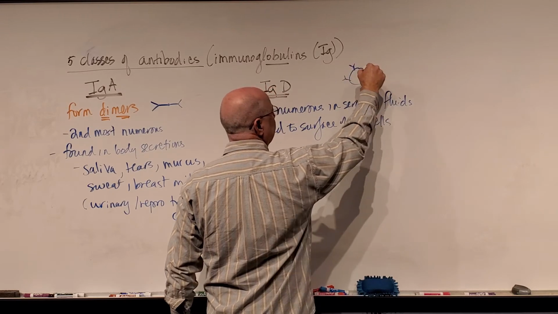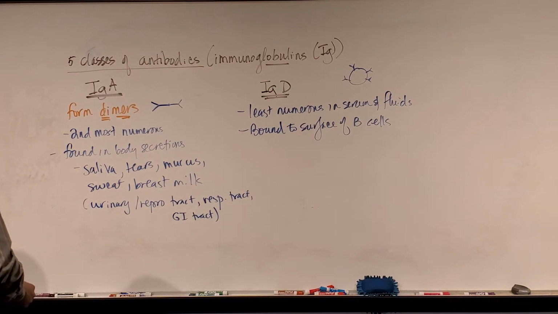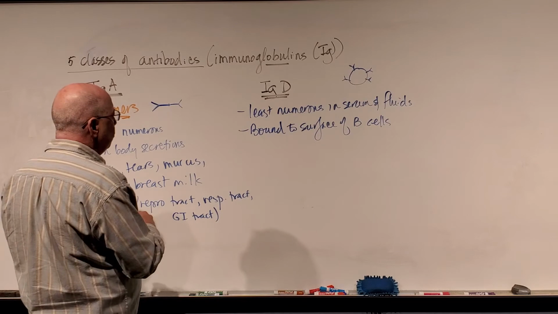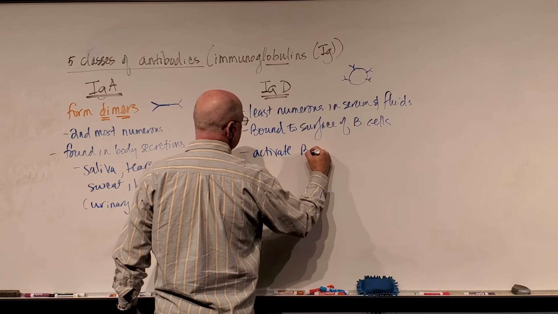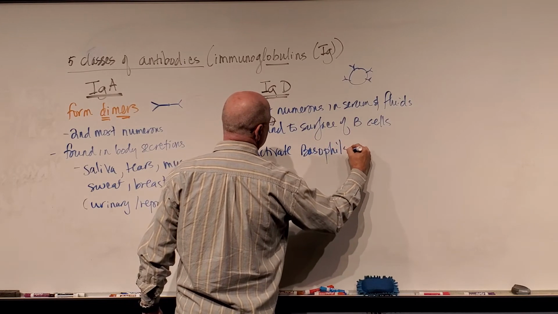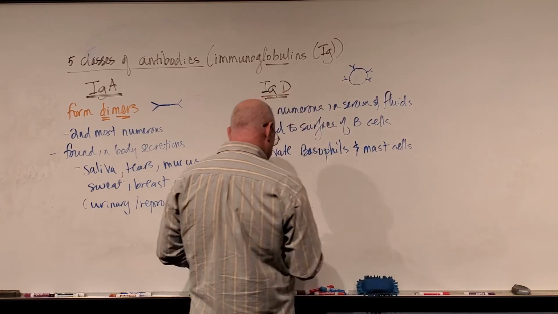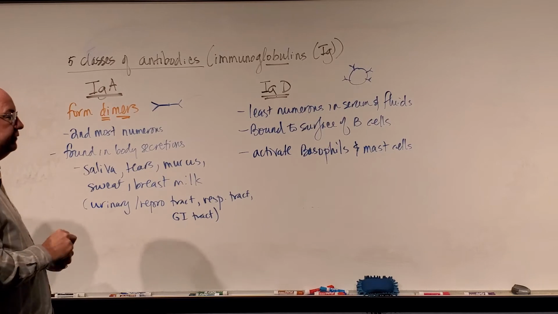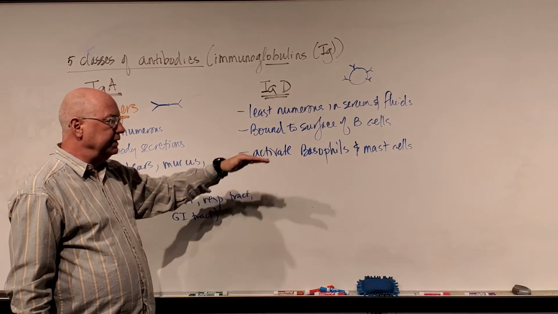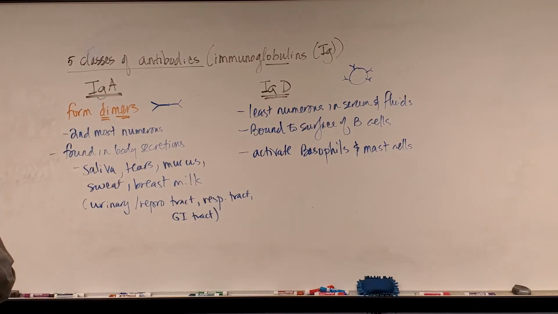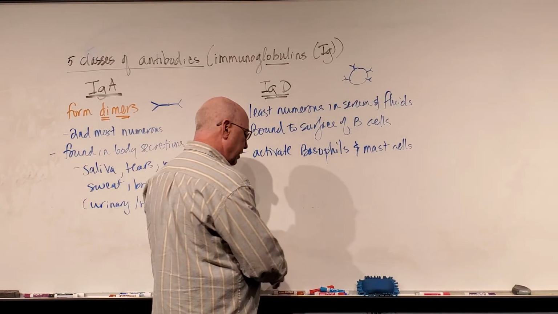And then it is the variable region that will allow them to recognize other antigens. Something that we do know is that they can activate basophils to respond and mast cells. So if there are any IgD antibodies in fluids, they can activate basophils and mast cells to respond to that area. They're probably the least understood, so we don't know a whole lot about them as much as we do the others.